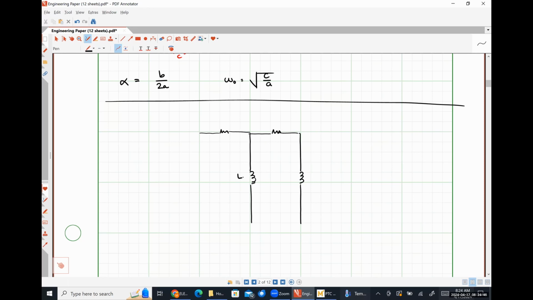So let's call this LX. Actually, we'll move that on the inside. LY like so.